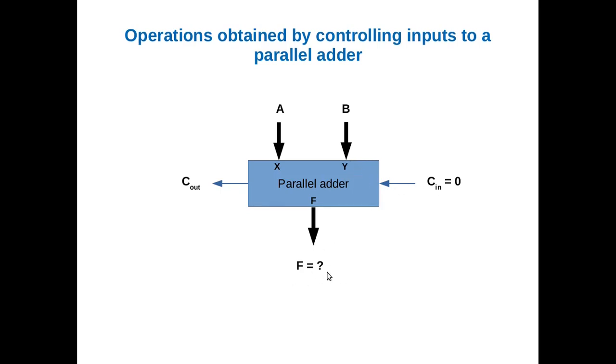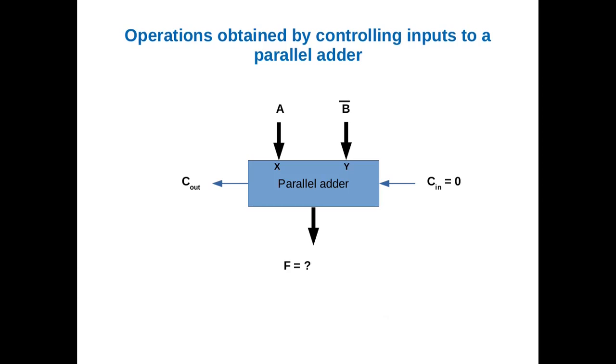Then F is A plus B, or addition. Then we change the carry in to 1. Then F is A plus B plus 1, that is addition with a carry.